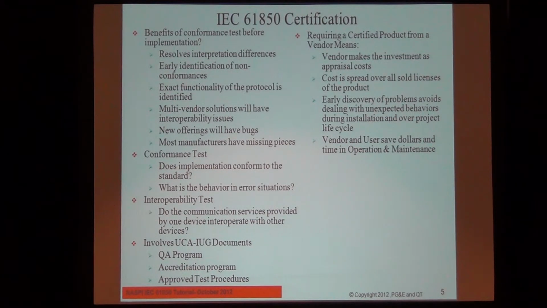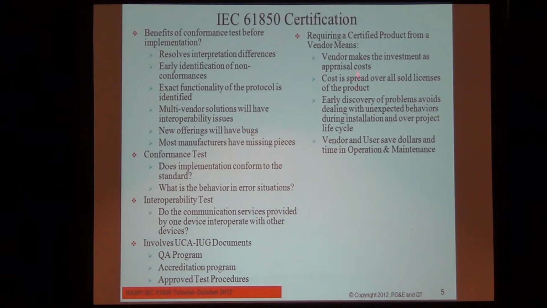They all have their own places, but particularly with 61850, UCA, International User Group, provides a lot of good test facilities for conformance to 61850, as well as good additional programs, quality assurance programs, accreditation program, and also they develop approved test procedures to clarify, complete the interpretation of standards, if you like, or at least have one form of implementation agreements of the tests in place.